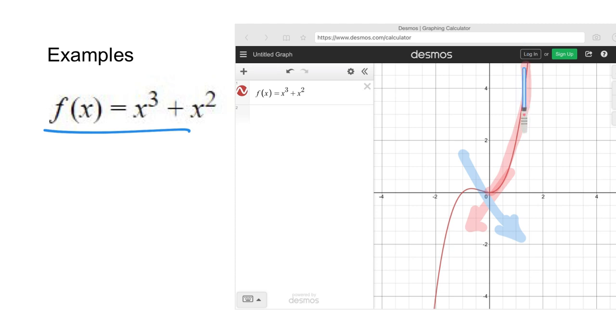The question is, is it a perfect recreation of it? So if you notice, this line starts in the top and works itself down to the origin. This line starts at the bottom and works its way up, but not to the origin. So this is not a rotation into this quadrant because it's not exactly the same.